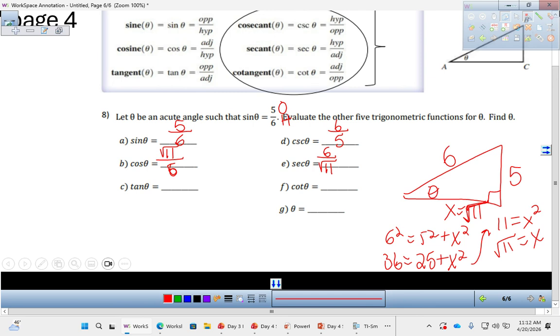So now we have to go back to what we did last week, and rationalize that by getting the root out of the bottom. So I'll multiply by root 11, and I'll get 6 root 11 over the square root of 121, which is just 11.